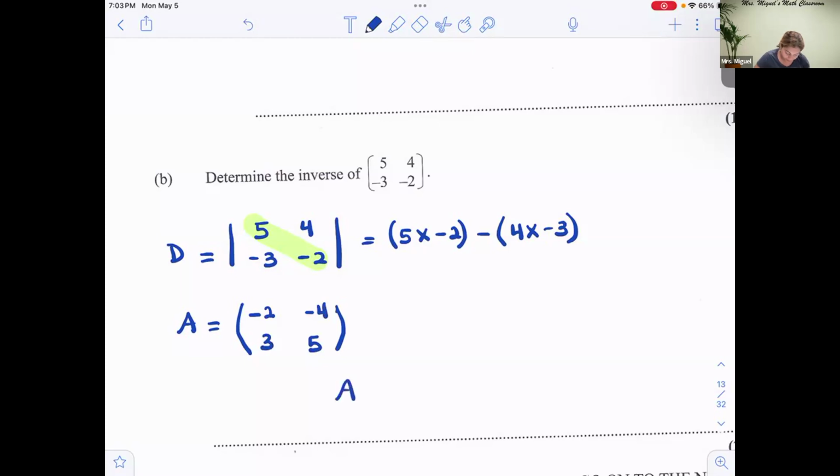So work out the inverse: 1 over the determinant by the adjoint. Work it out.